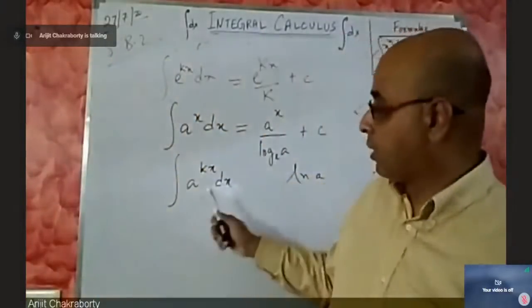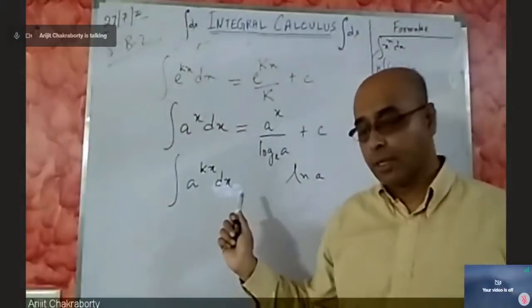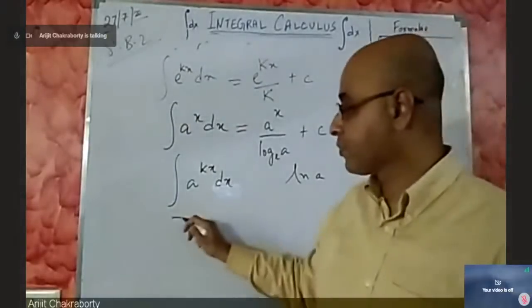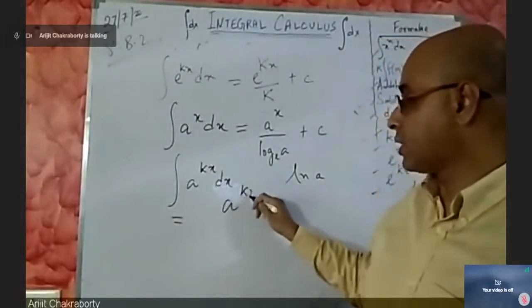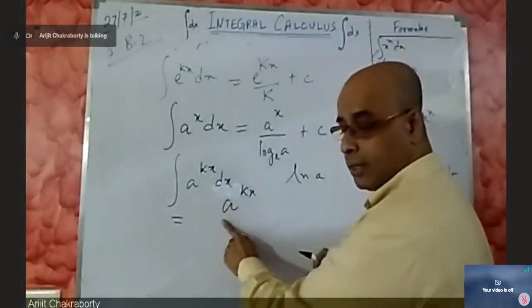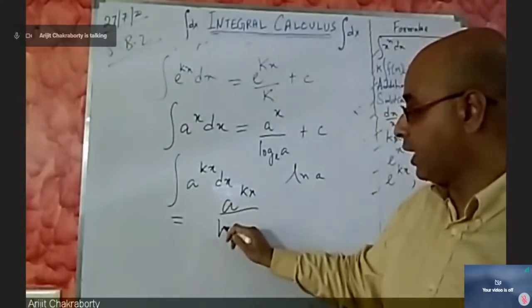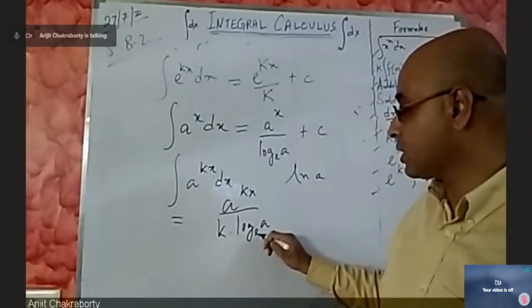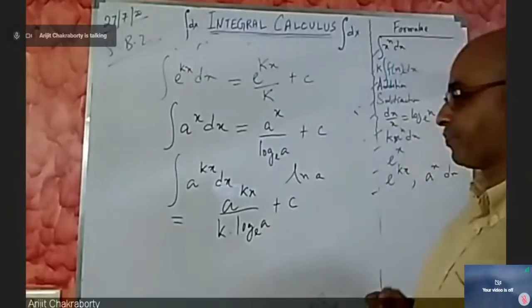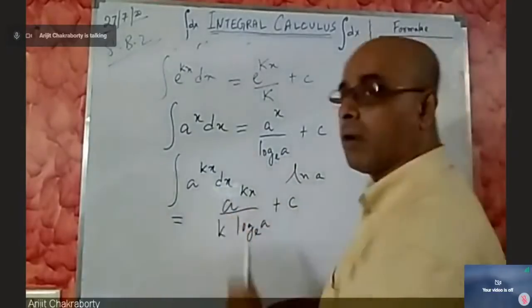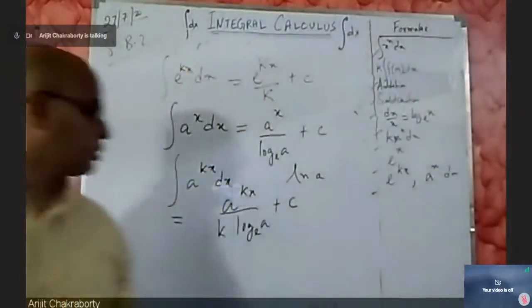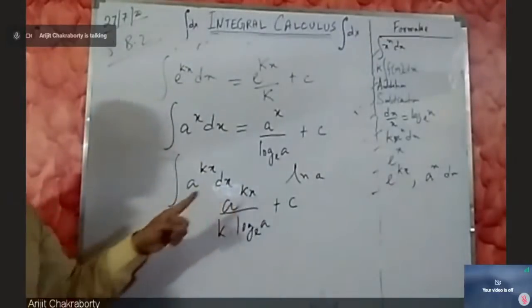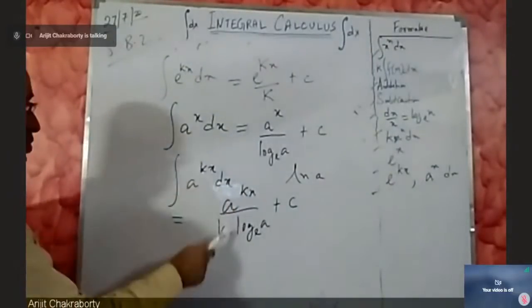Integration of a to the power kx dx will be a to the power kx as it is, but divided by k into log a to the base e, plus c. So a to the power kx dx is equal to a to the power kx by k log a.